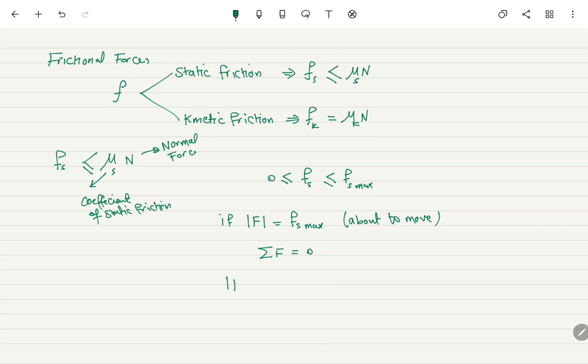Once F becomes greater than Fs max, the object is moving and the friction force is called kinetic friction. So the object starts moving, and the friction is kinetic friction, which equals mu k n, and this is Fk.